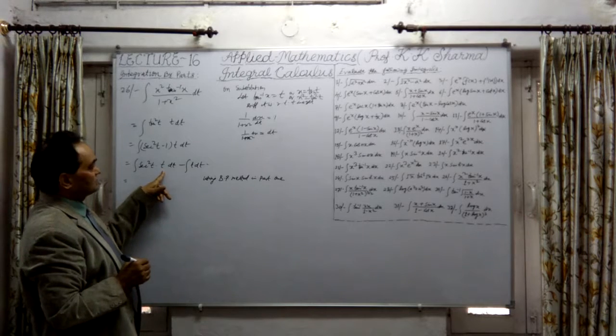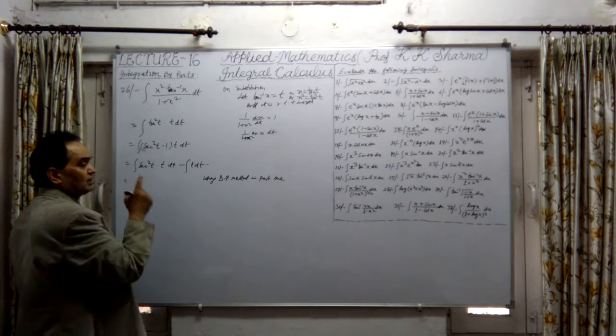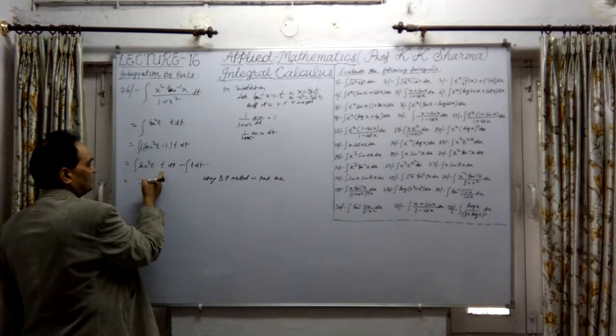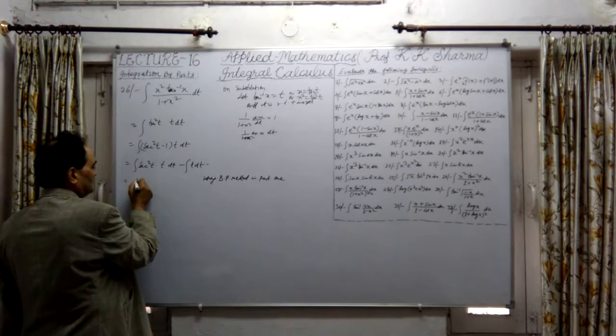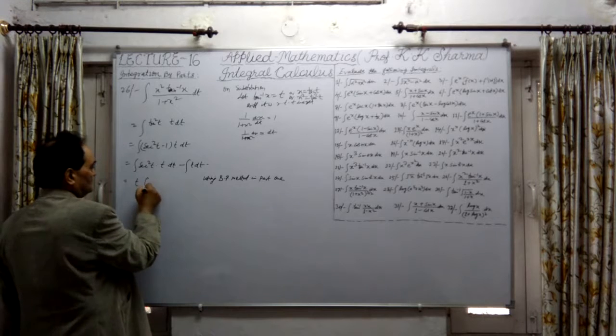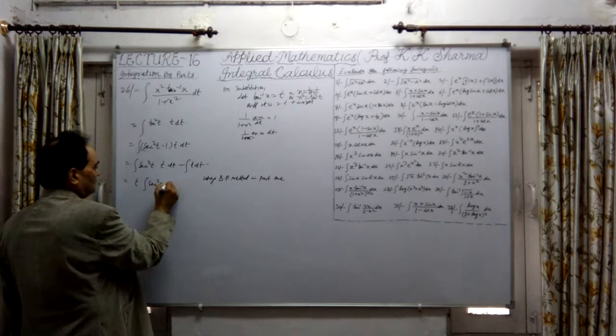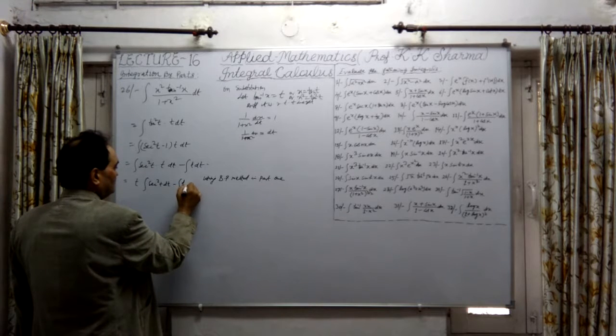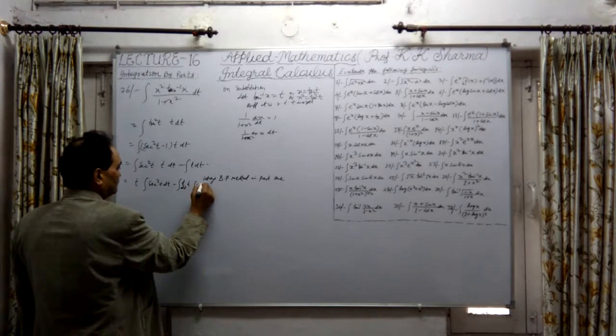So first algebraic function, then trigonometric function. So I take the algebraic function first. This is first as it is, integration of secant square t dt, minus the differentiation of t, integration of secant square t into dt, whole dt.